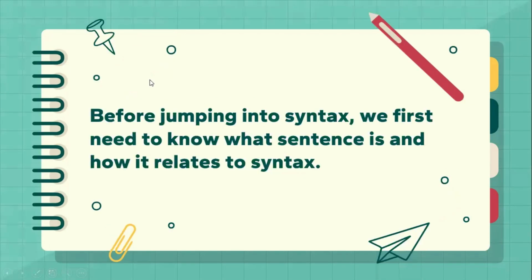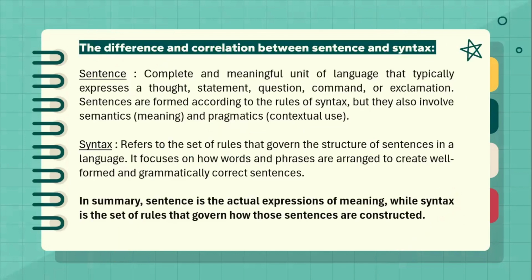Before jumping into syntax, we first need to know what a sentence is and how it relates to syntax. Next, the difference and correlation between sentence and syntax. A sentence is a complete and meaningful unit of language that typically expresses a thought, statement, question, comment, or exclamation.